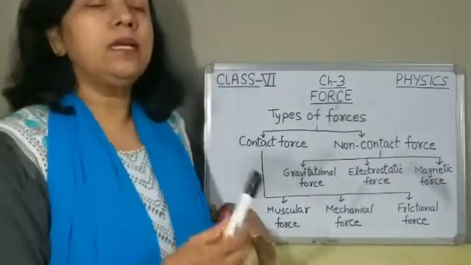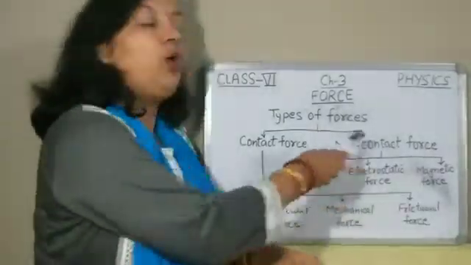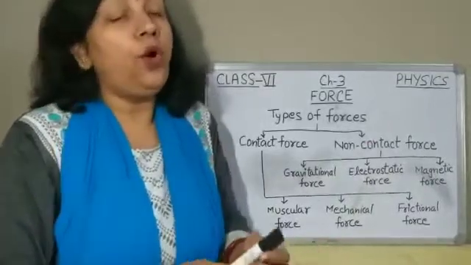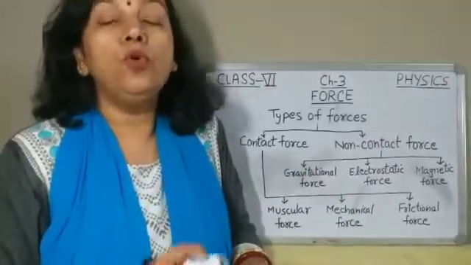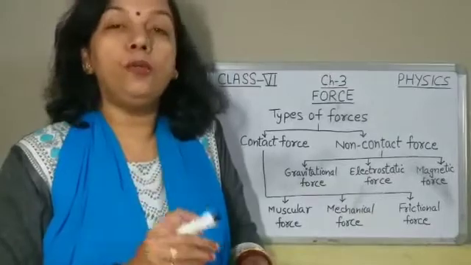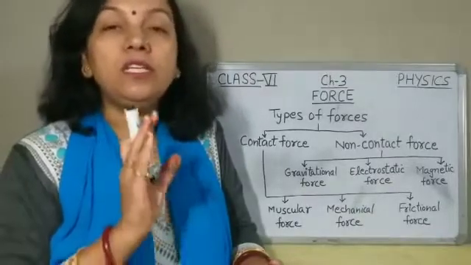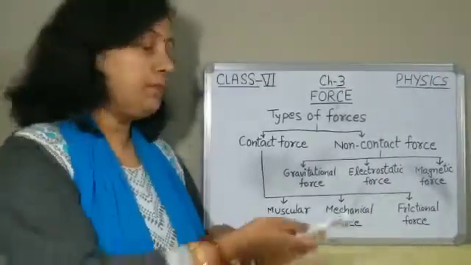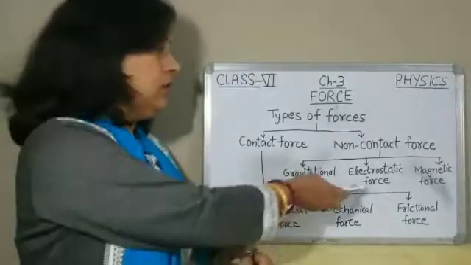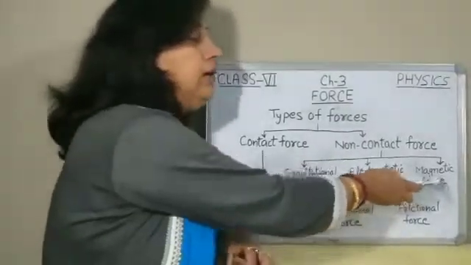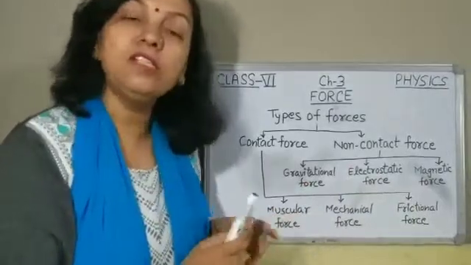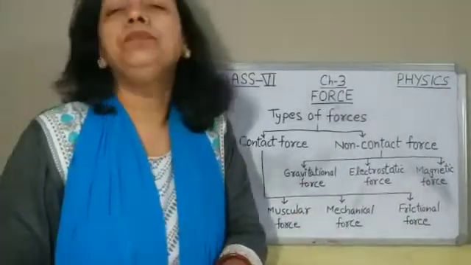Now, the second type of forces are non-contact forces. Non-contact force is the force which acts on objects which are not in contact. For example, gravitational force, electrostatic force and magnetic force. Gravitational force, you all know about that.